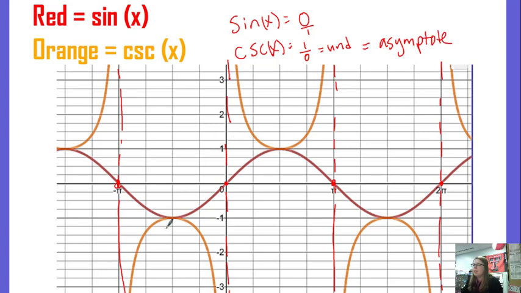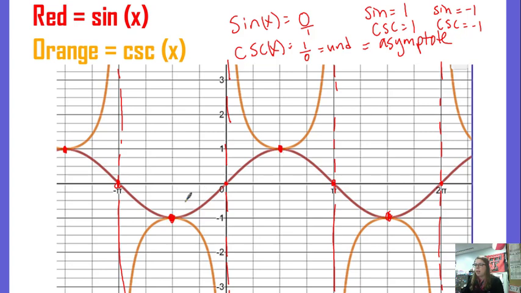And everywhere that there's a 1 or a negative 1 on my sine graph, so sine equals 1 or sine equals negative 1, every single one of those places, cosecant is going to equal 1, or cosecant is going to equal negative 1.